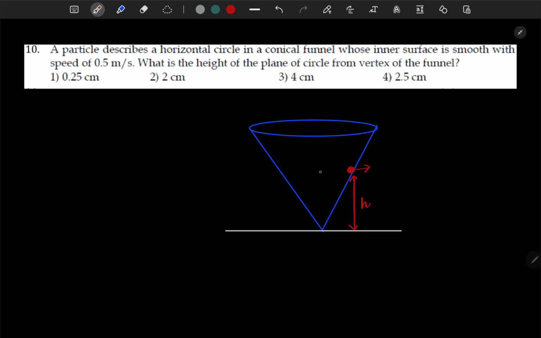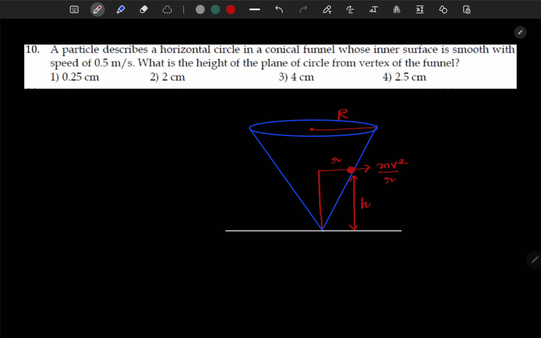So away from the center there is mv square by r, and r is the small r, which is the radius of the particle's circle, not the radius of the funnel. The radius of the funnel is actually bigger. It might be making a circle somewhere between this point and this point at some random height h.